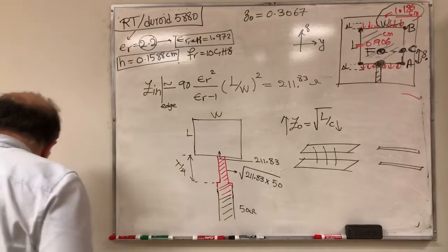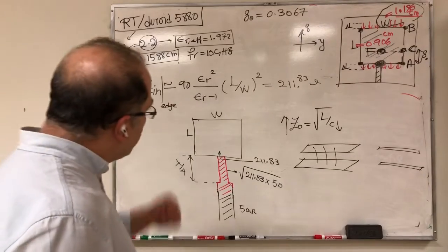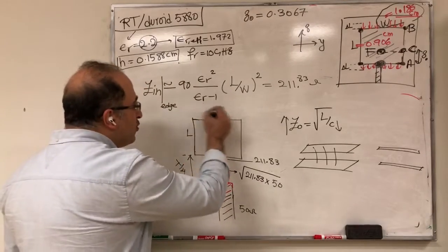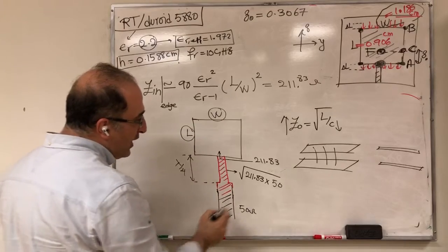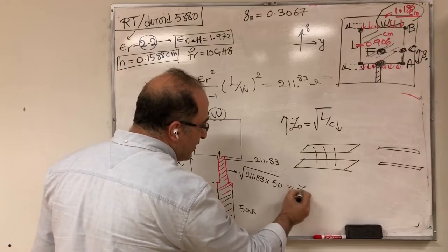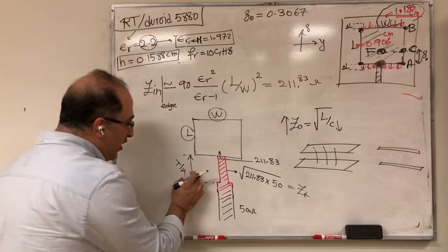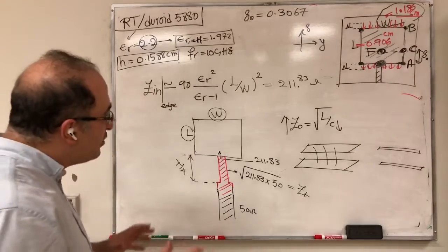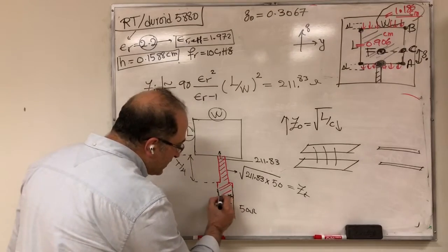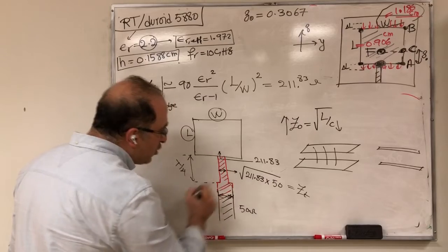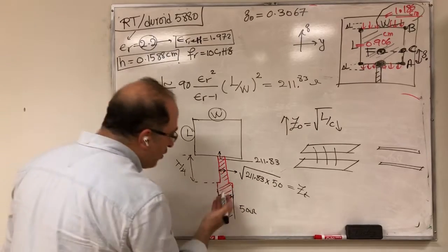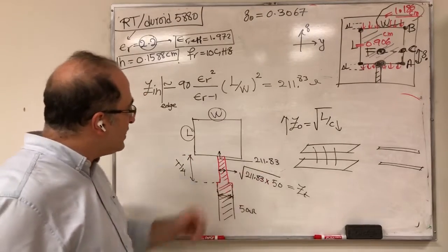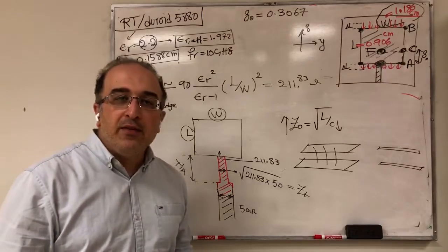Now, if I want to complete my design, I know my W, I know my L, I know the characteristic impedance here is this value, and I know that this is a quarter wavelength. To have everything complete, you need to know the widths of this and this so that you can send it to fabrication. So let's discuss the widths you need for the 50 ohm line and this one, and then we complete our discussion here.